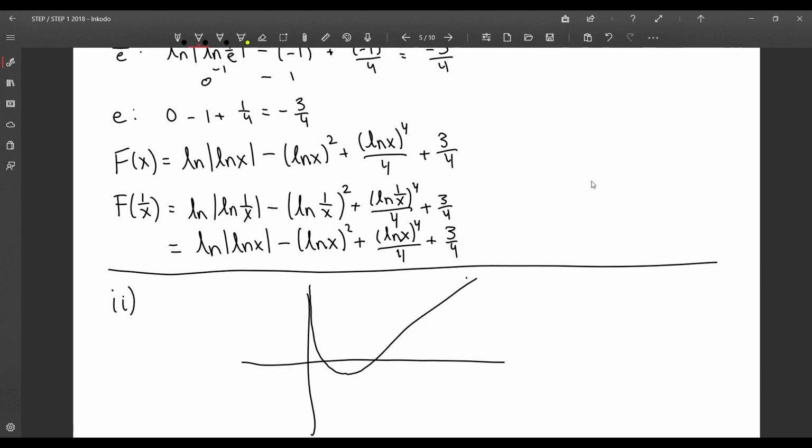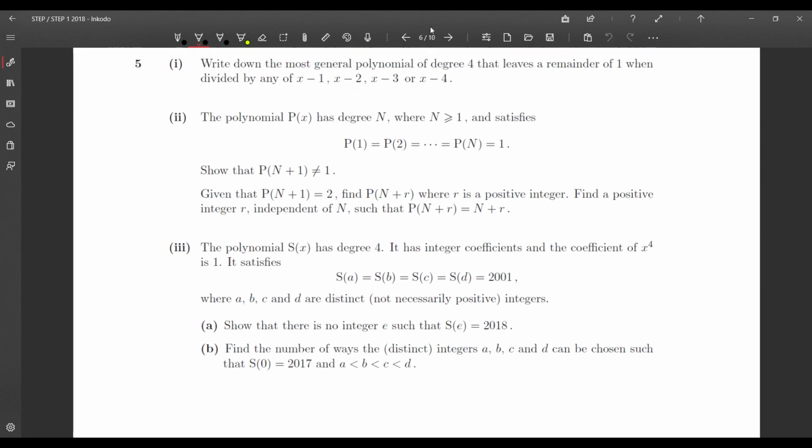I don't even know, something like that. Just looking at the function, these graphing parts are kind of tough.